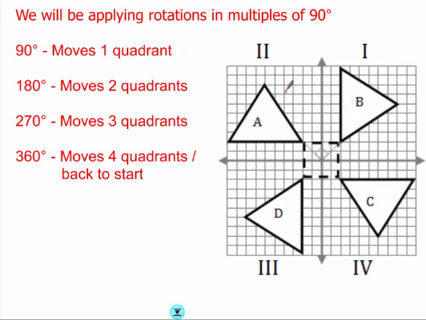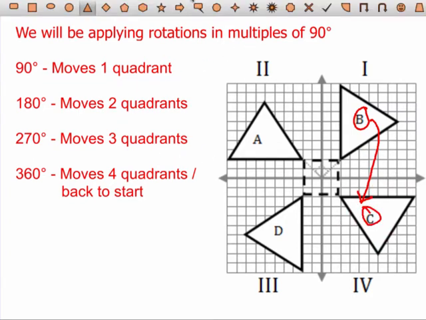Okay, so the coordinate plane is split up into 4 quadrants, and going 90 degrees moves you one quadrant. For example, if I start with triangle B here, and I move 90 degrees clockwise, that's one quadrant clockwise, and that puts me at triangle C. All right, that's 90 degrees.